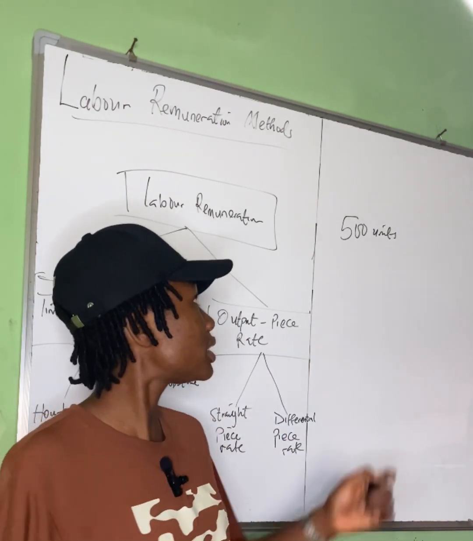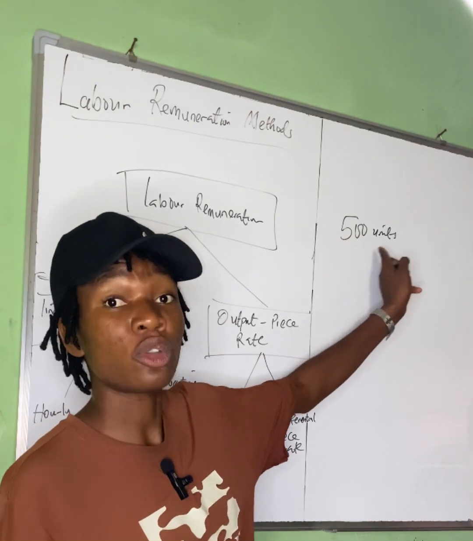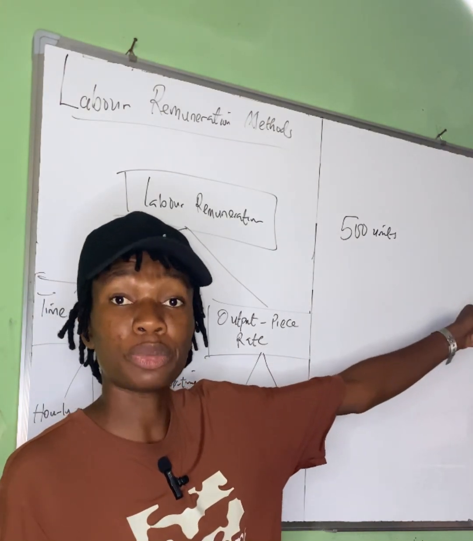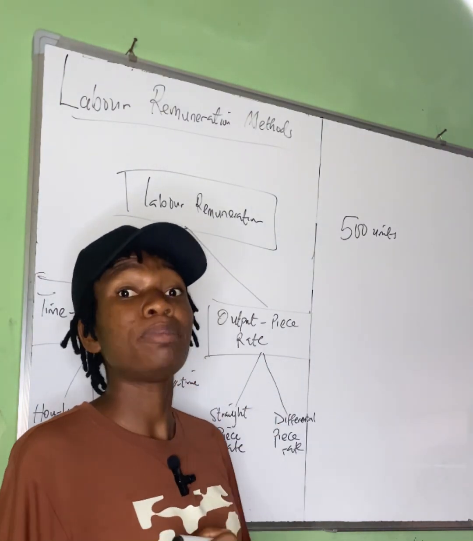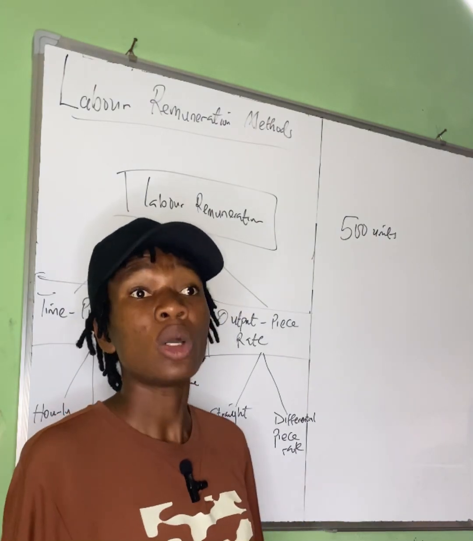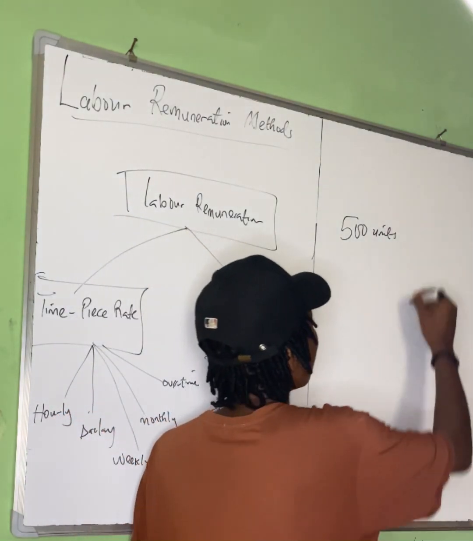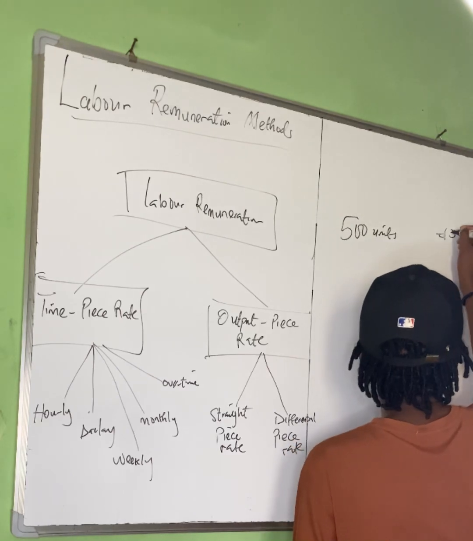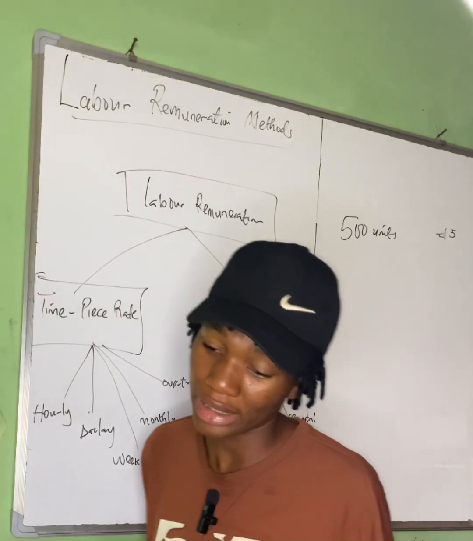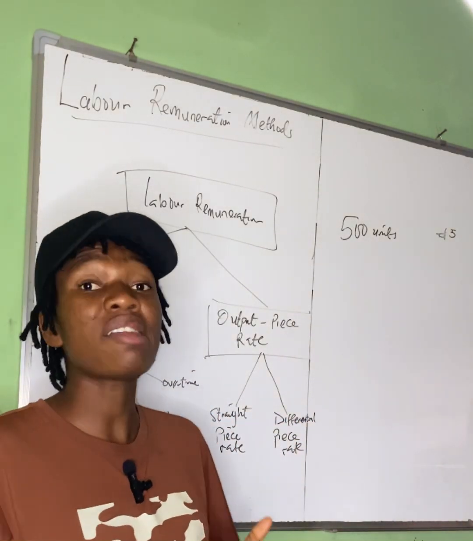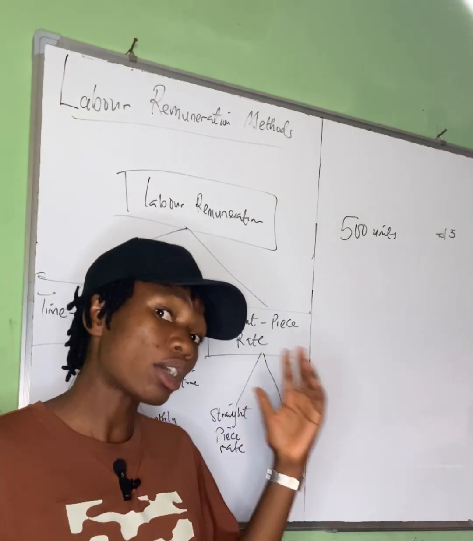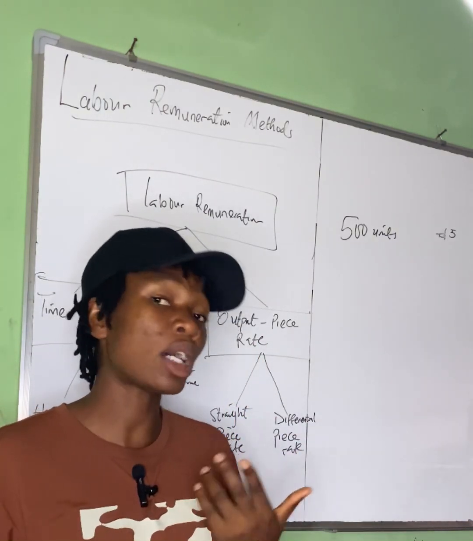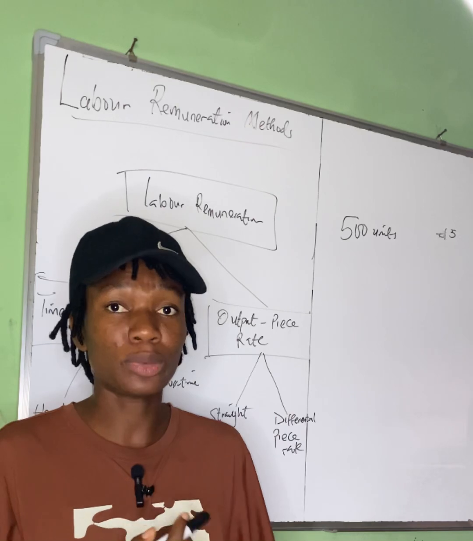So if a worker produced 500 units of a product, the payment under the straight piece rate is supposed to be 5 naira per unit. For example, it's an illustration. We are paying 5 naira per unit produced. Output basis, or output piece, means we are paying per unit produced.